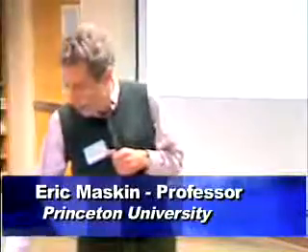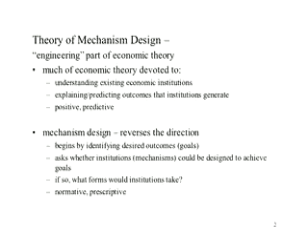So it's very much a question of engineering, building something, a game, to achieve a desired outcome. And then, of course, we want to know not only whether such institutions exist, but if they do, what form they might take. So this is the normative or prescriptive part of the field, and it's the part of the field that has always most interested me.